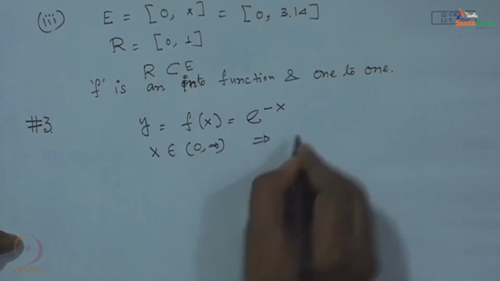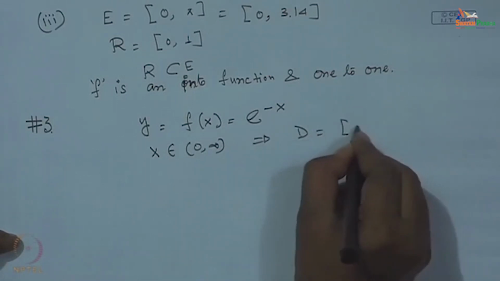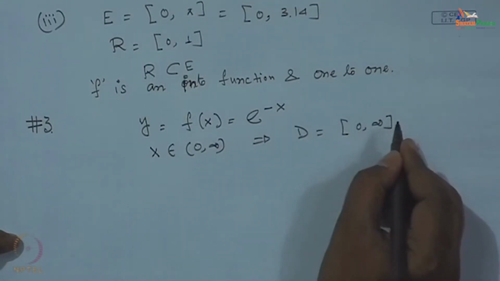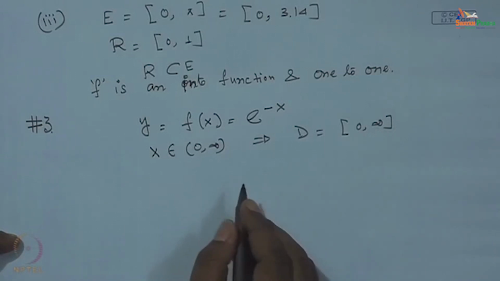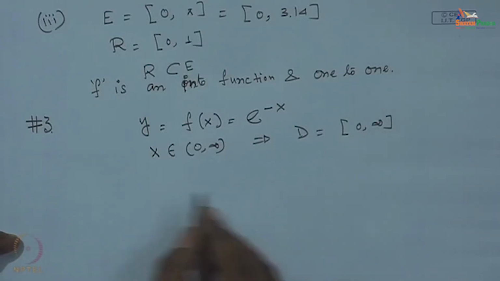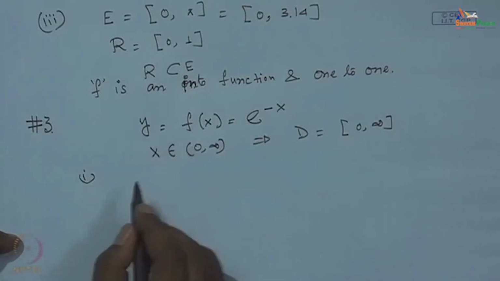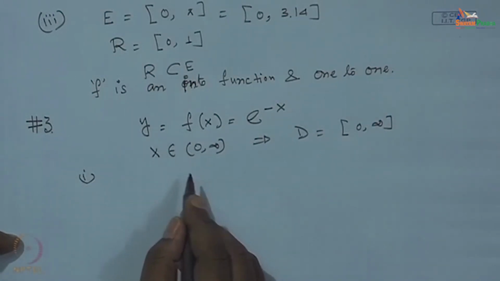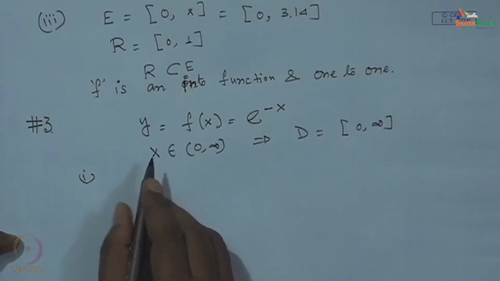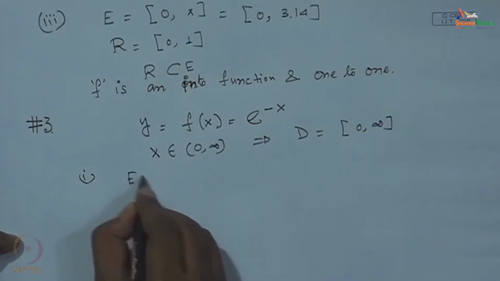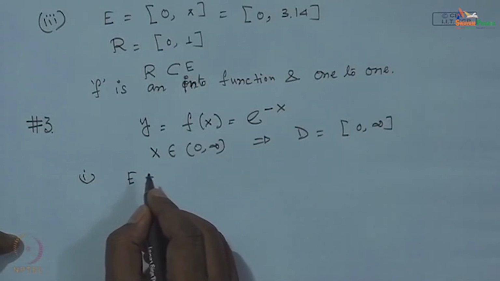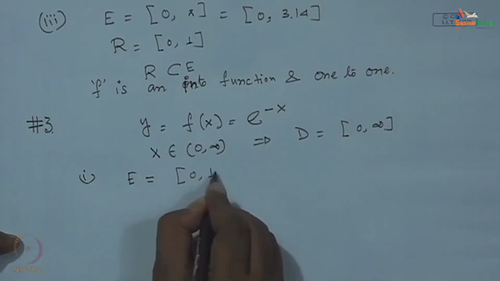So, therefore, the domain D is nothing but from 0 to infinity. Now, we have to check whether f is onto, into, or 1 to 1 for the set E from 0 to 1. This is given.